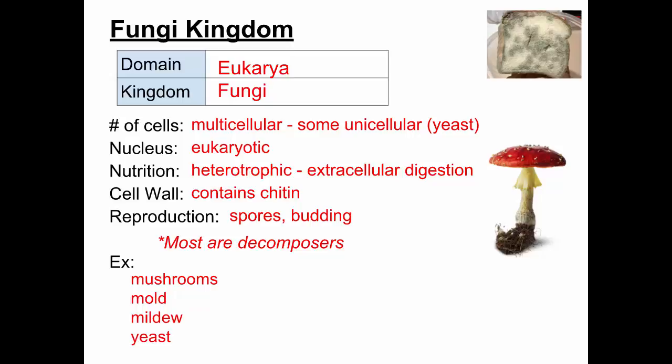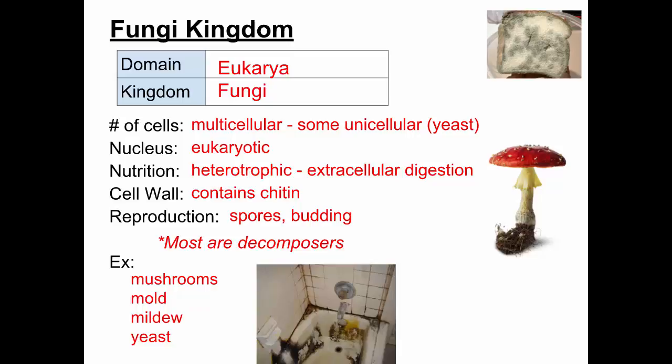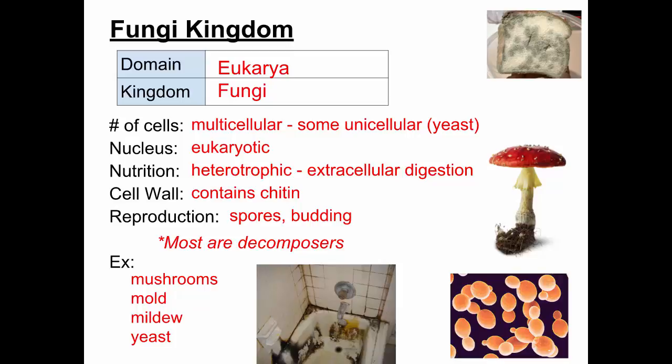Yeast as well. There is some bread mold, that's fungus. Here's a picture Mr. Arcuri took at his house. Mildew. And this is yeast. Yeast that are in the process of budding, which is a tiny little yeast growing out of the side of this yeast.